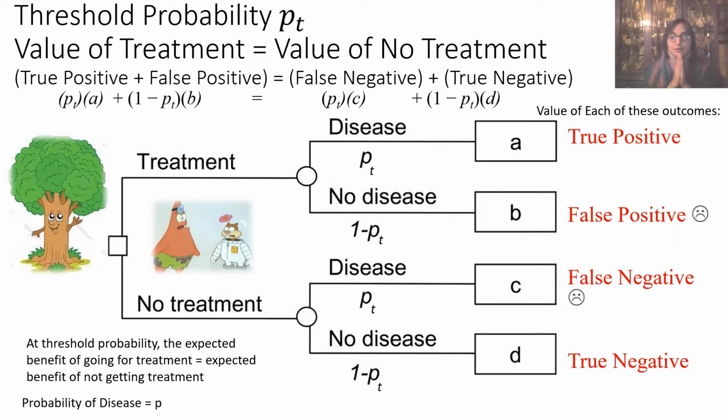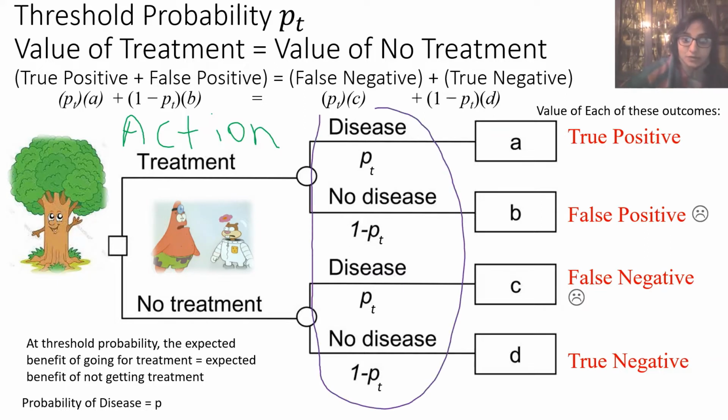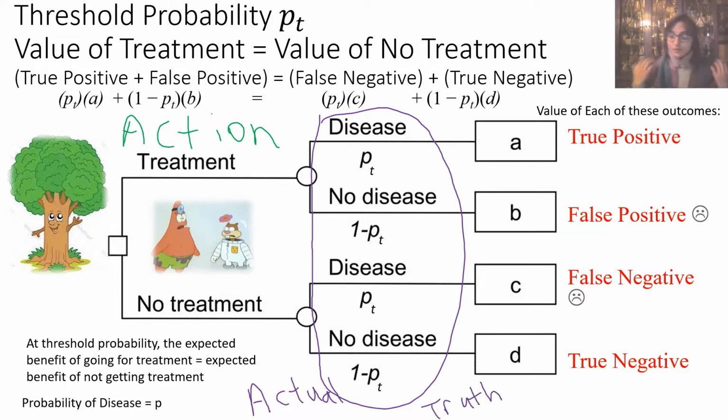So at some point, when you're deciding on the action, again, guys, this is the action step here. This is when you are deciding, and this is a nice SpongeBob reference with Patrick and Sandy, deciding on the action. And this part here is the actual truth that we wish we knew, but we sometimes have to act without knowing it, with the hope that our model or what we know is correct.